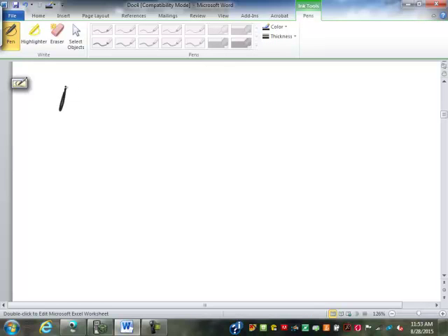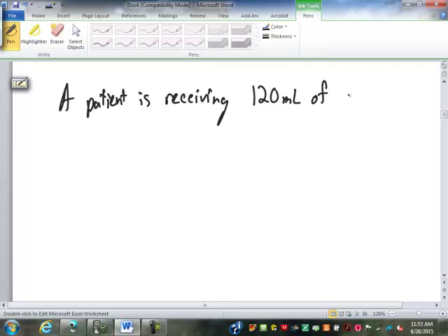let's say a patient is receiving 120 milliliters of, for a generic drug in this class, we use the word serum.